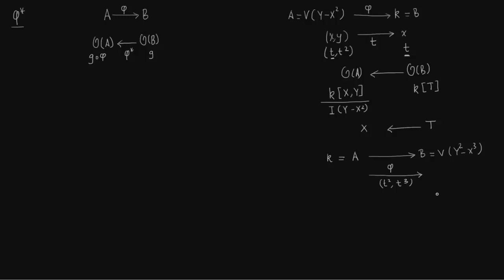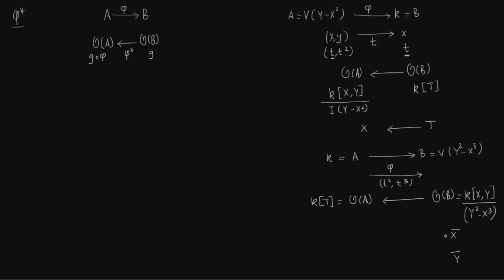Okay, now what is the corresponding ring map which we need to characterize on this slide? Now O of A we just write as kt. Obviously it is just k, so you could have written kx, km, k, whatever. On the right hand side we will have this, it is a subset of k2, so it is kx comma y modulo the ideal generated by y square minus x cube.